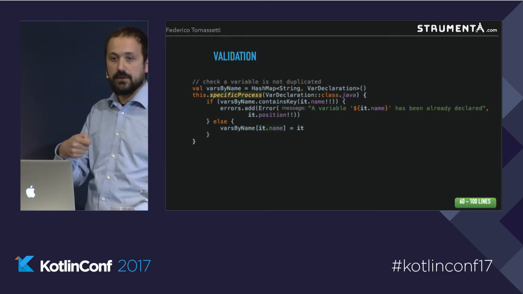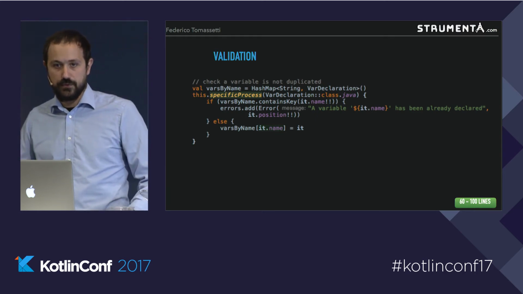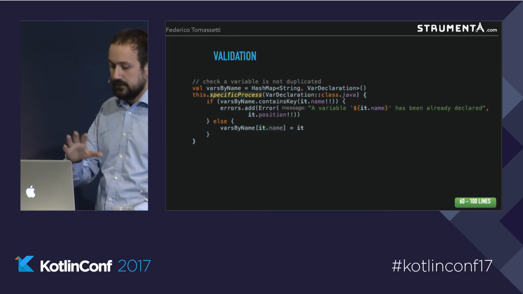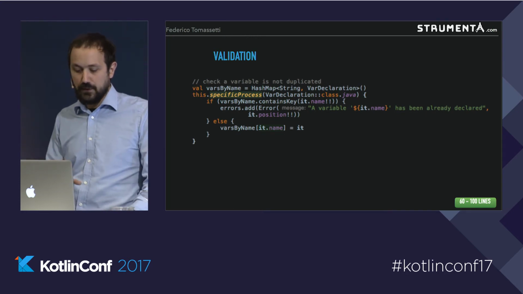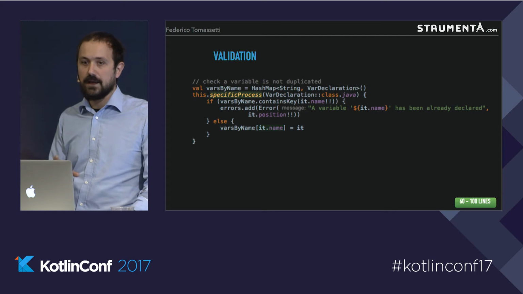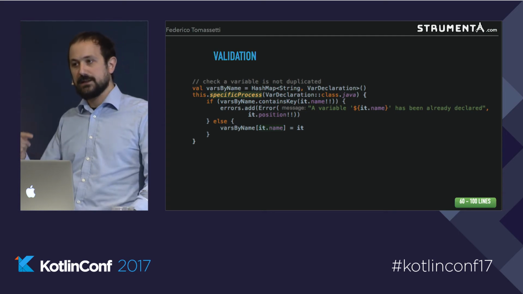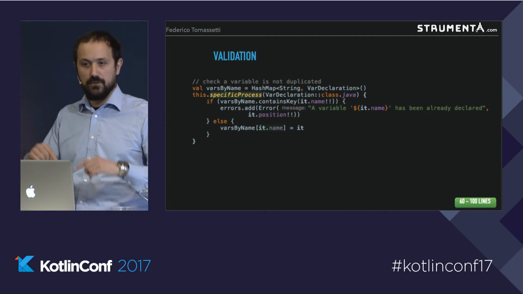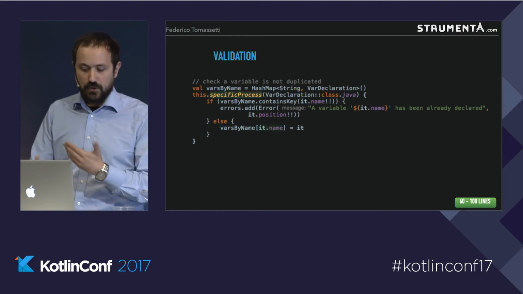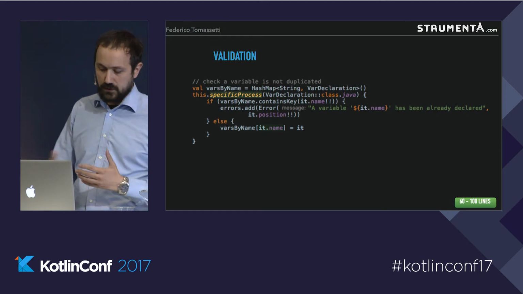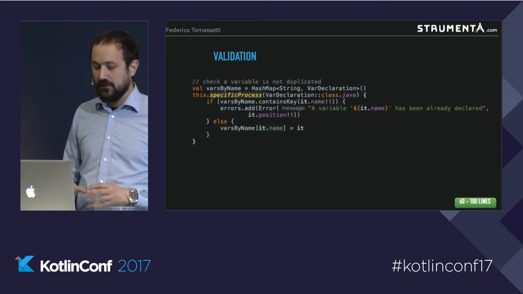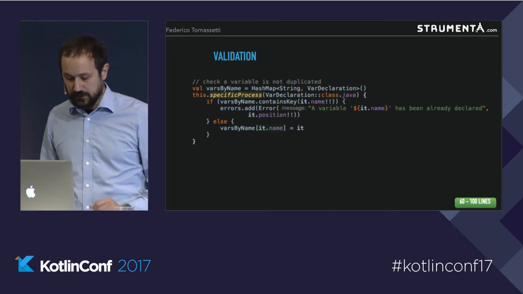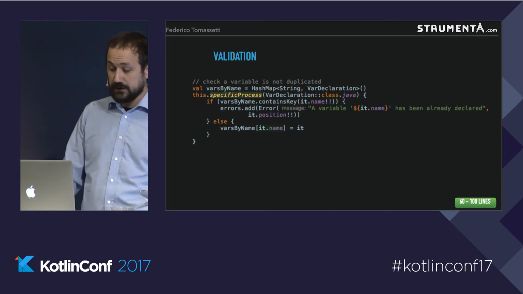Otherwise, we want to record this name as a name that is already being used. Now, this is a naive example because this doesn't allow to have two variables with the same name in two different functions. So maybe you want to change that in your languages. But the idea is just to give you an idea of a possible usage of specificProcess.